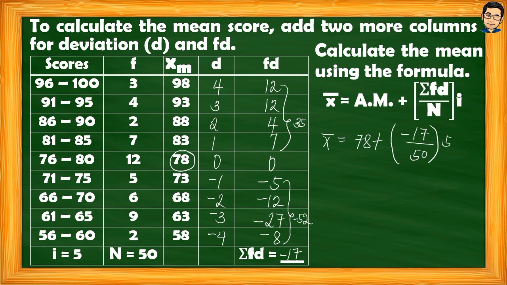So, yung 5 tsaka 50, pwede yung i-simplify. So, 5 magiging 1 and then 50 magiging 10 kasi yung GCF nila is 5.